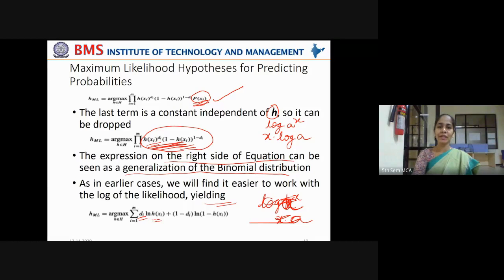That formula you know very clearly, right? So when you apply log to this entire term, this becomes log of h of xi to the power di plus log of 1 minus h of xi to the power 1 minus di. Now, when you apply the log, that exponent term comes to the beginning, as I said: di log h of xi plus 1 minus di log 1 minus h of xi.